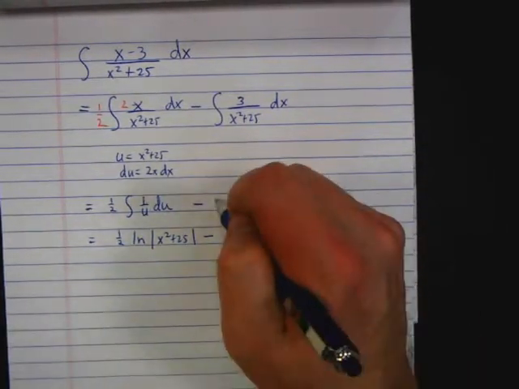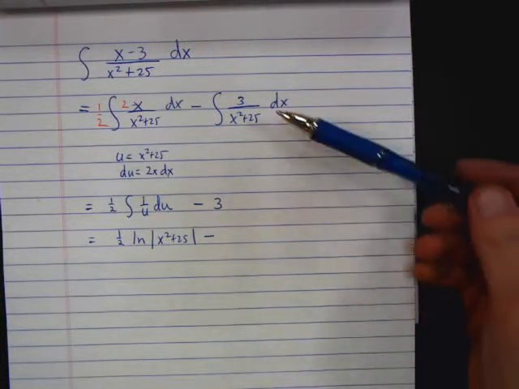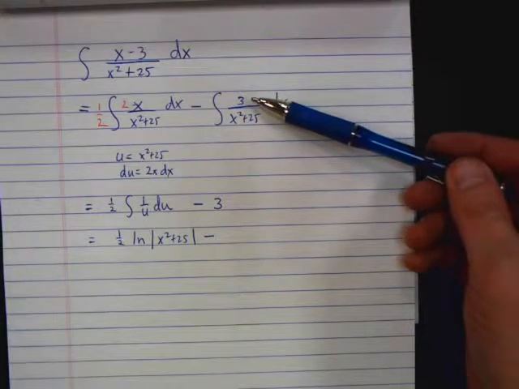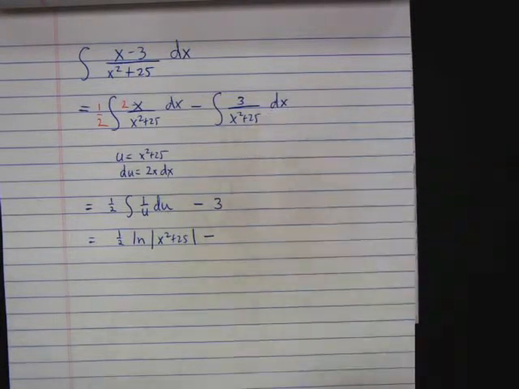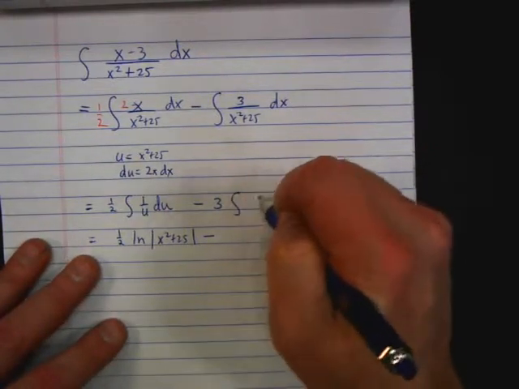the second integral, that's going to be 3 on top. And then this one's straightforward, it fits exactly into our pattern. What's the antiderivative of 1 over x squared plus 25? I'll write it this way.